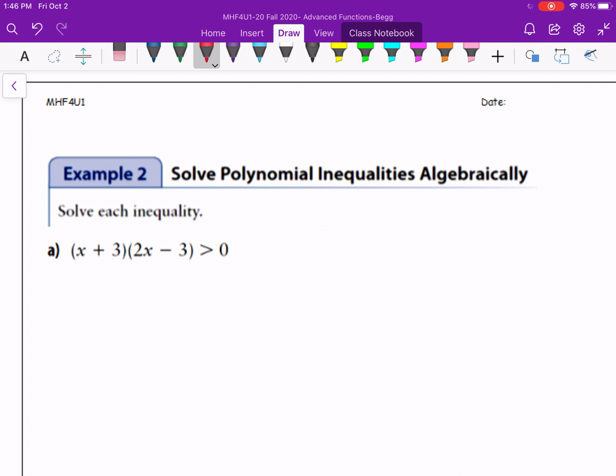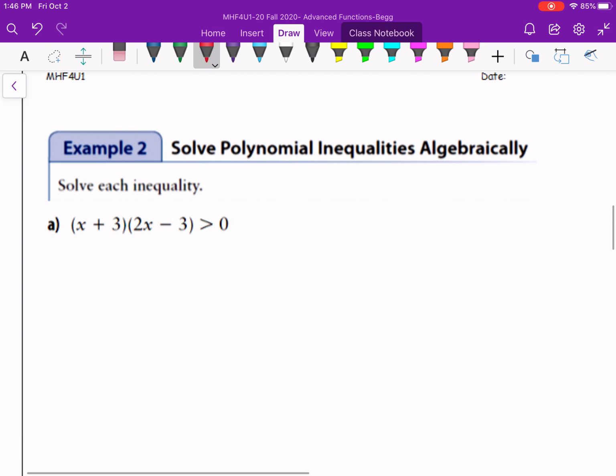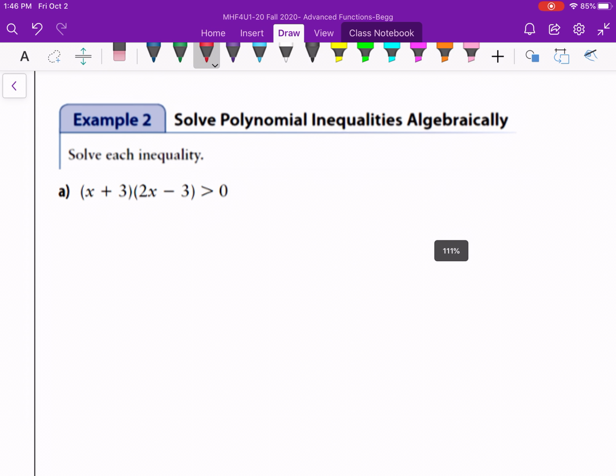Now if I'm dealing with something that's not linear, such as this case here, example 2, it's a quadratic. It's in factored form, but this is a quadratic, and it's an inequality. We've seen that we can solve these types of things with Desmos pretty easily.